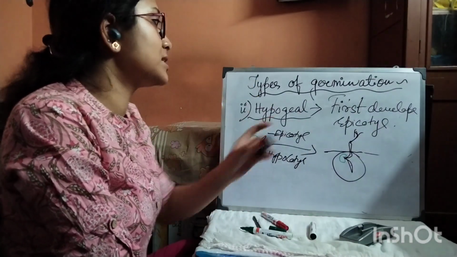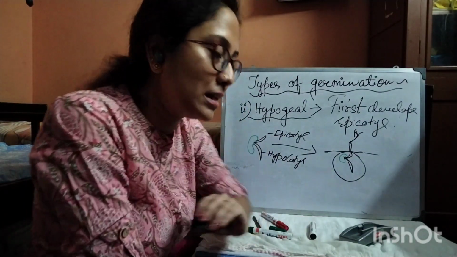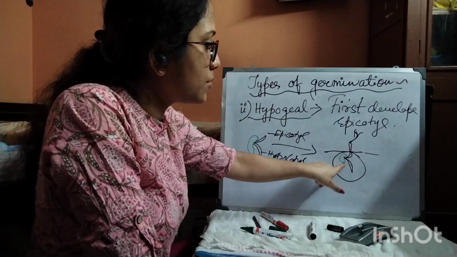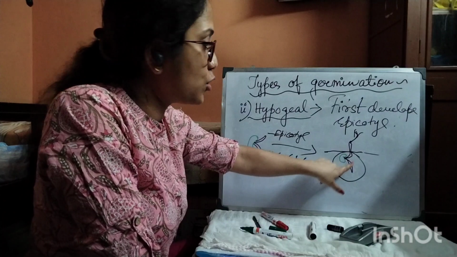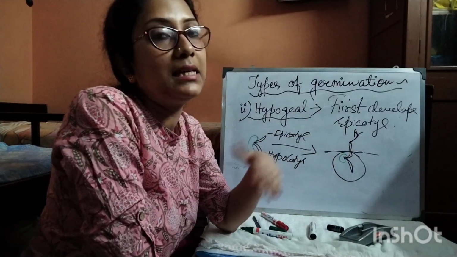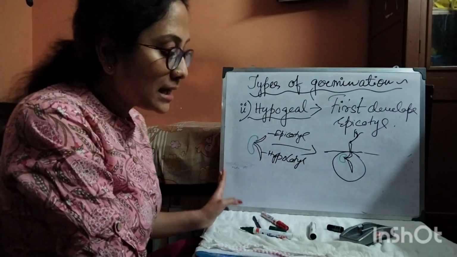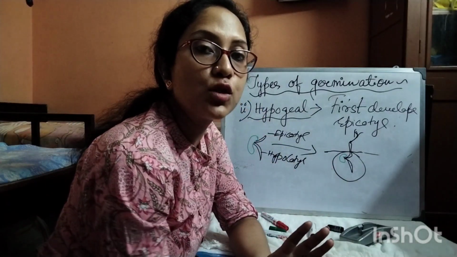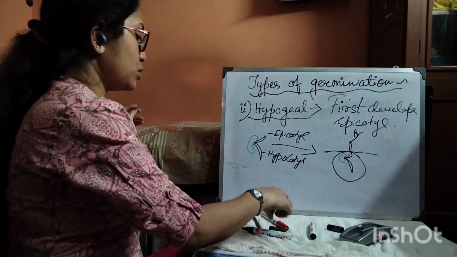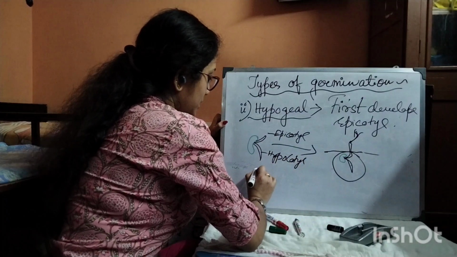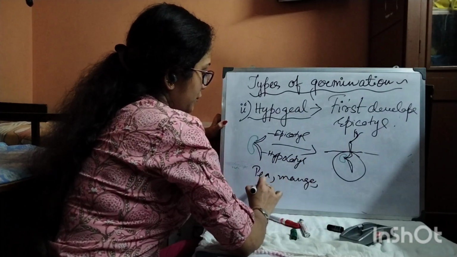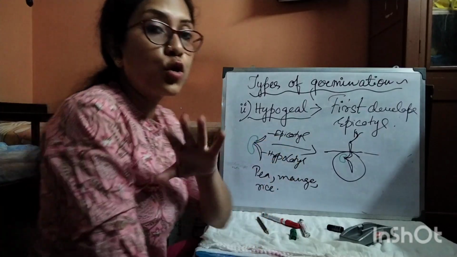In case of hypogeal germination, the epicotyl first will develop. From the seed, the epicotyl will develop into the plumule first and then eventually into the shoot. In case of pea, mango, wheat, rice, this particular type of germination procedure we can notice, mainly in monocotyledon plants.